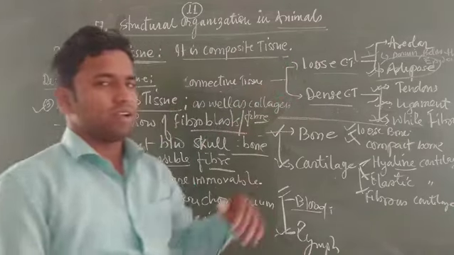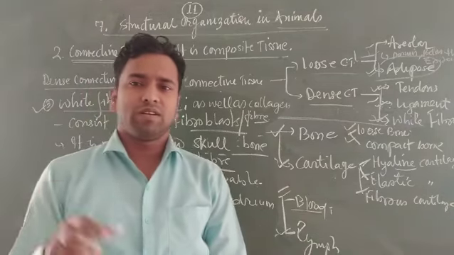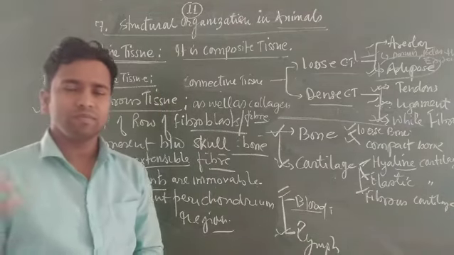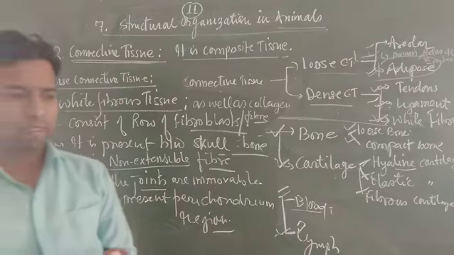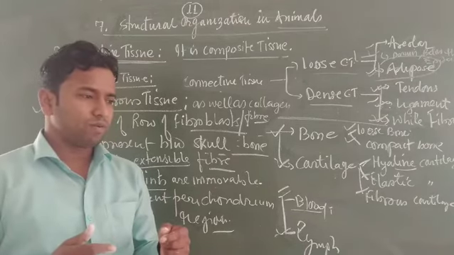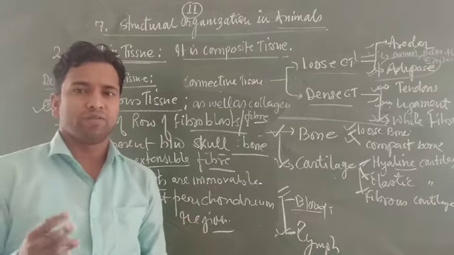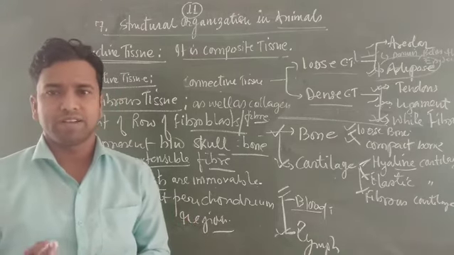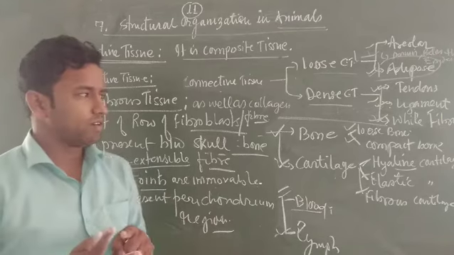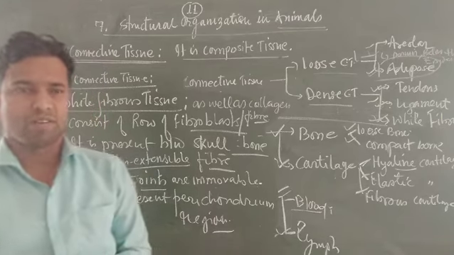I already explained to you what different types of materials connective tissue is made up of. I told you three types: first is the cell, second is the matrix, and third is the fibers.